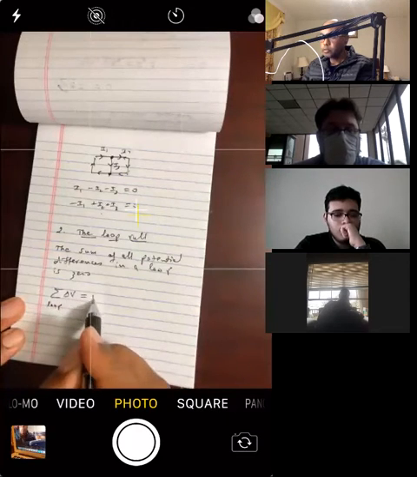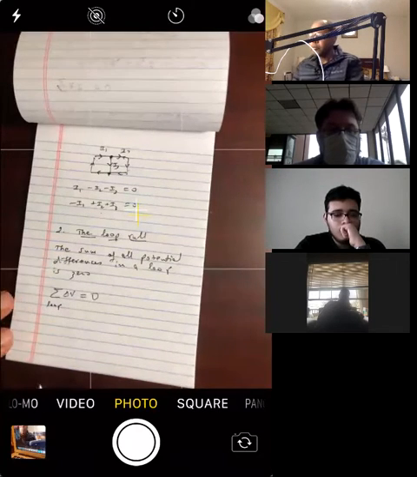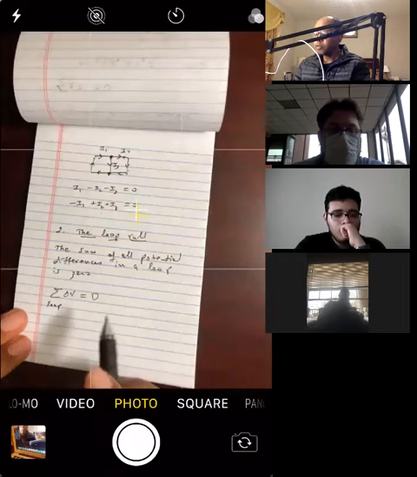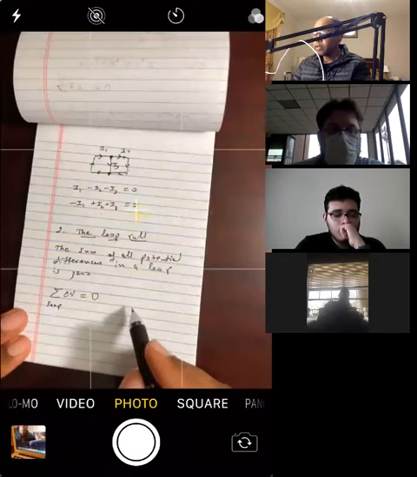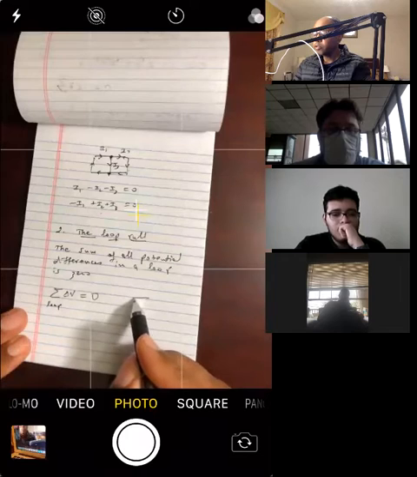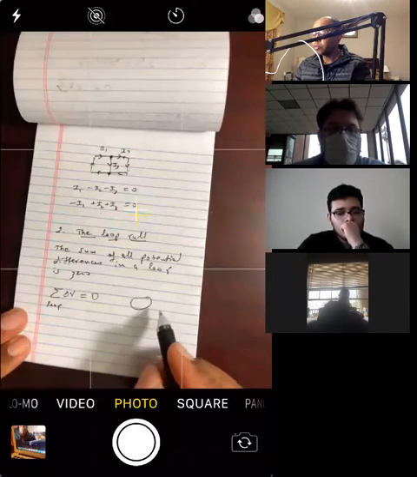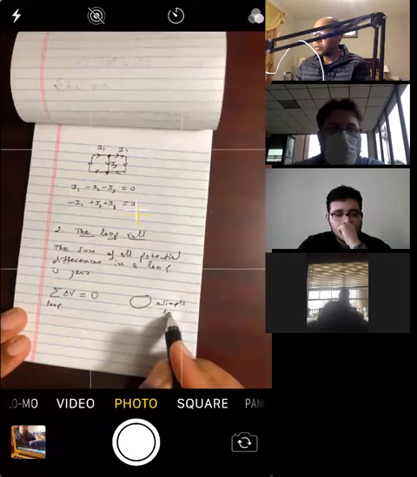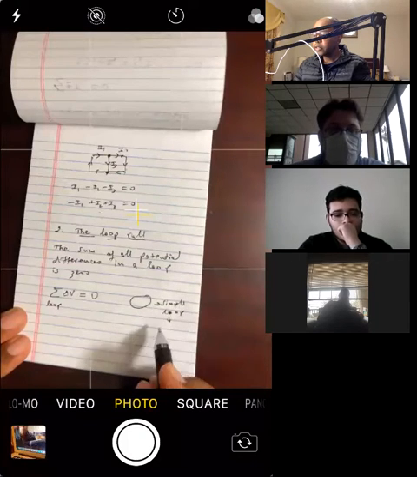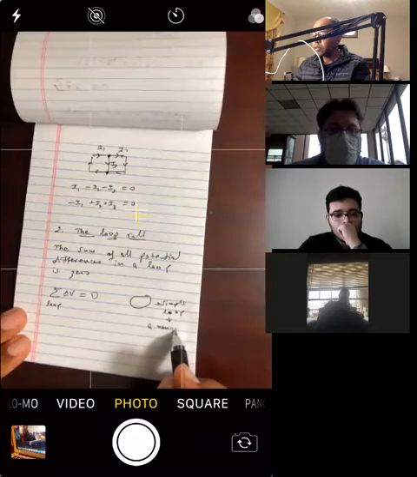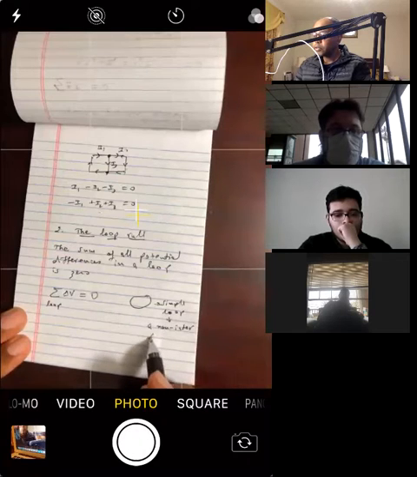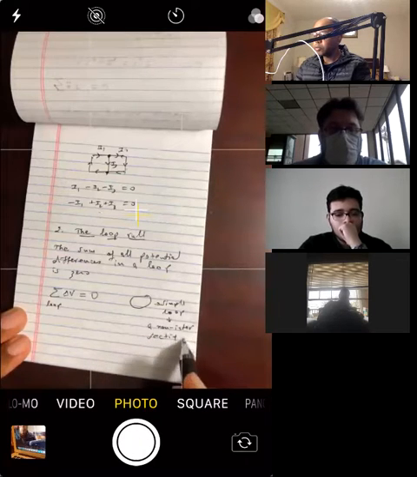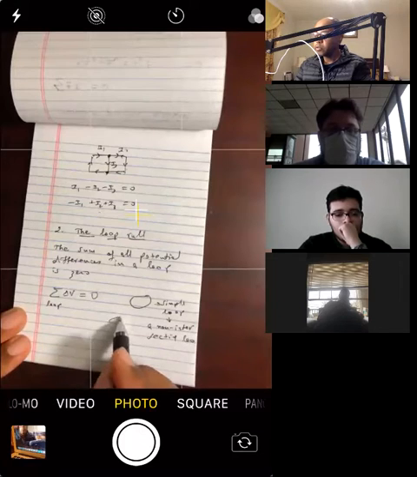But let me distinguish between two kinds of loops. If you've got a non-intersecting loop like this, it's called a simple loop. But this one is not simple.